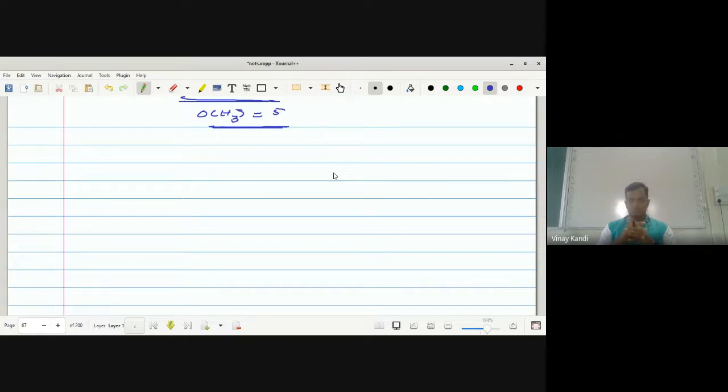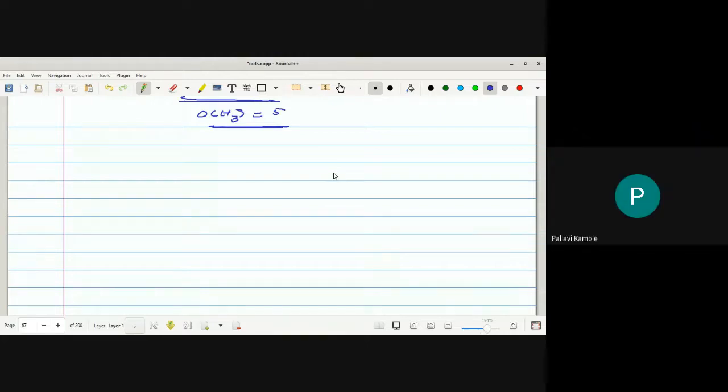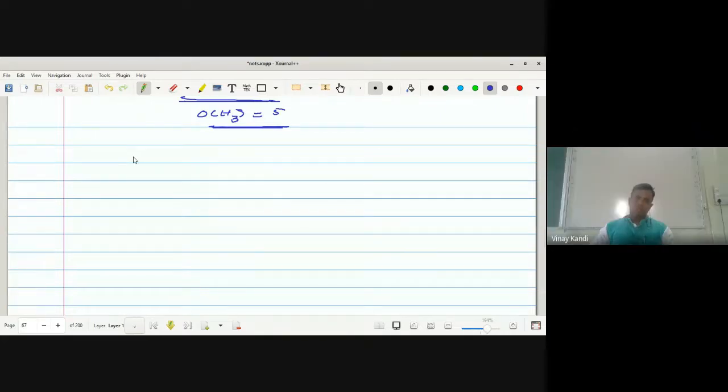Does 30 have a prime divisor or not? Have you studied number theory? Any number we can write in the form of a product of primes. Is that correct? Any natural number greater than 1 we can write in the form of a product of prime numbers.